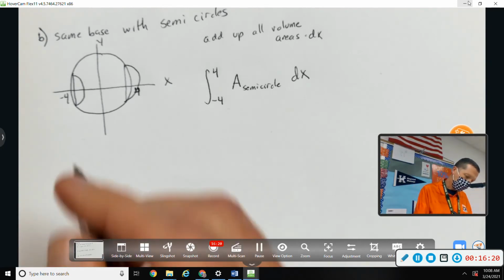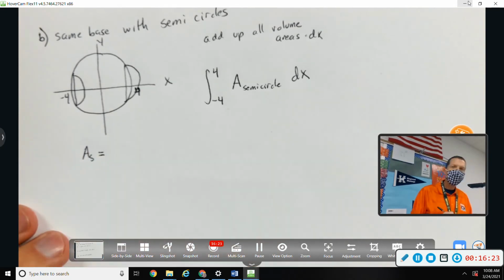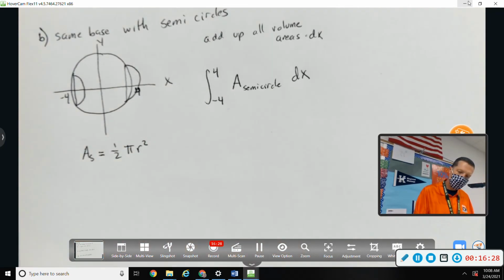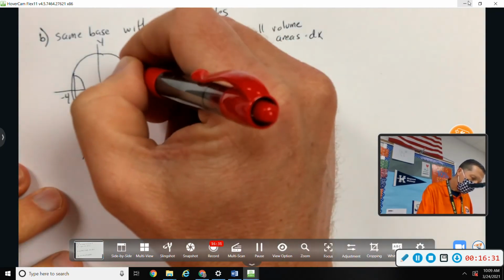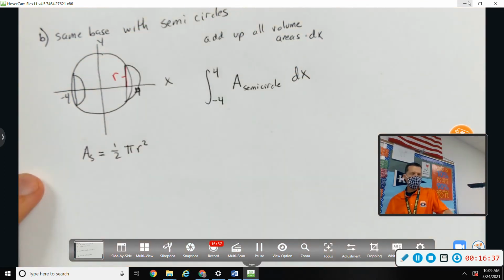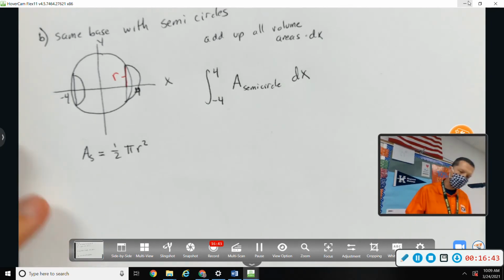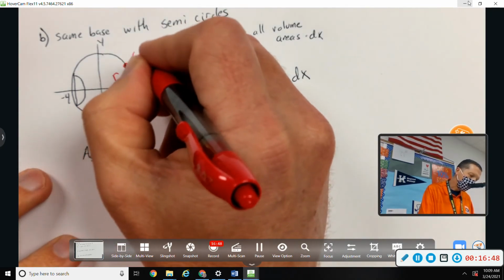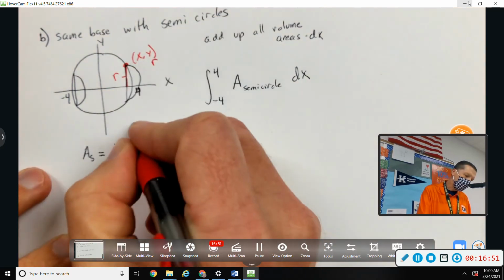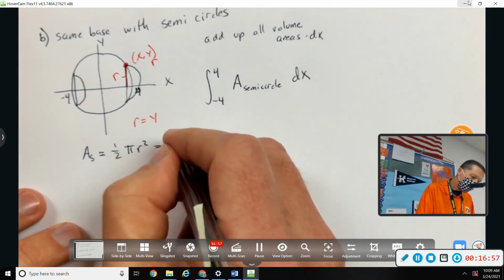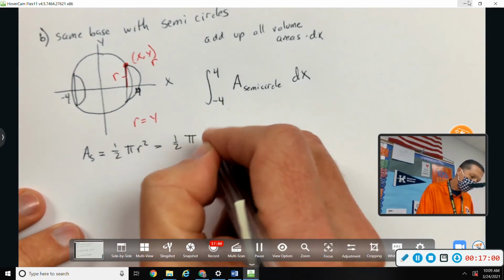All right, well, a semicircle, let's come out to the side here. The area of a semicircle is 1/2 pi r squared. That's my r. This one in some ways is easier than the squares because that r is also equal to my y. That's that point right there, x comma y. R is the y height. So area is 1/2 pi times y squared.